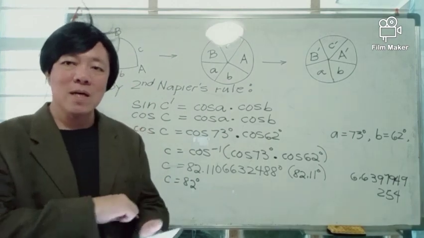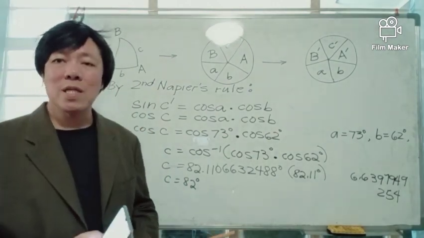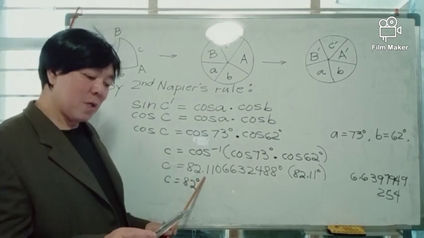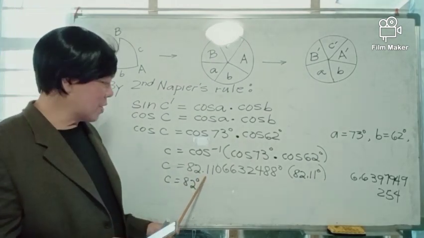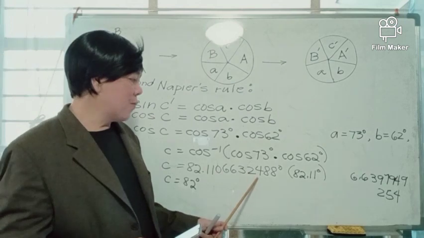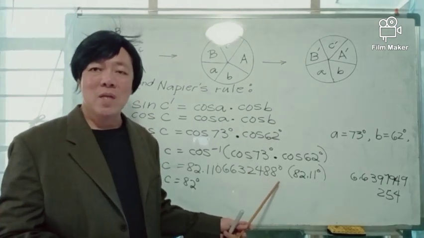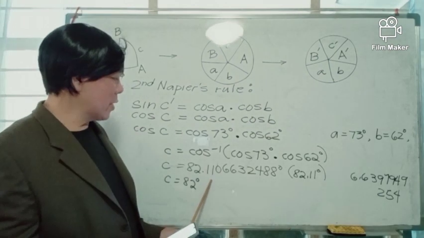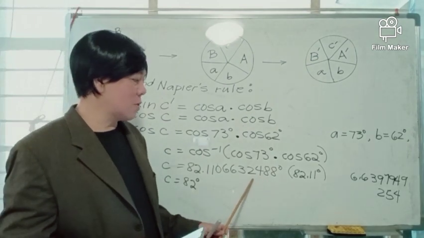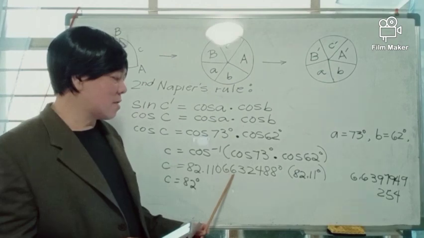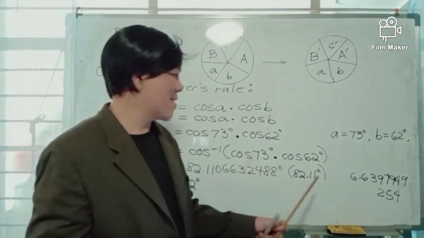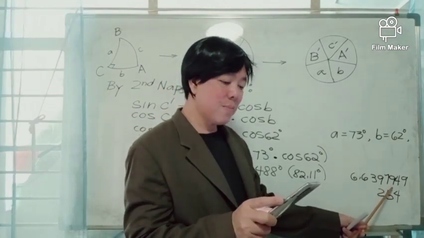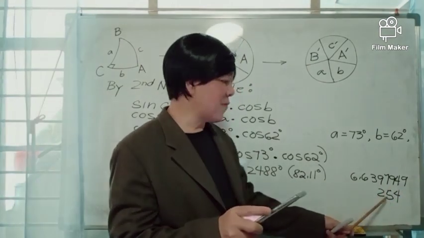Again, to convert the answer in degrees, minutes, and seconds, take the whole number 82 degrees and from your calculator you subtract 82, you will get 0.1106632488 and multiply that decimal number by 60 because 1 degree equals 60 minutes. 0.1106632488 multiplied by 60 is 6.6397949254.